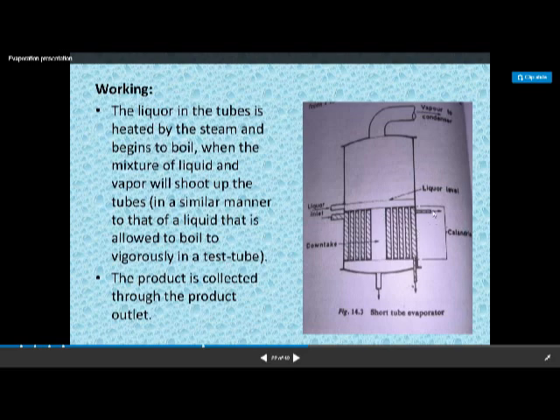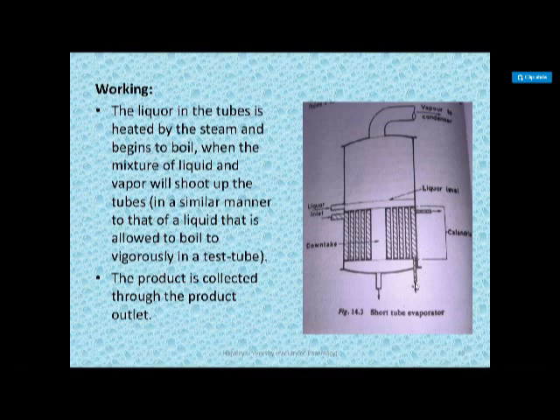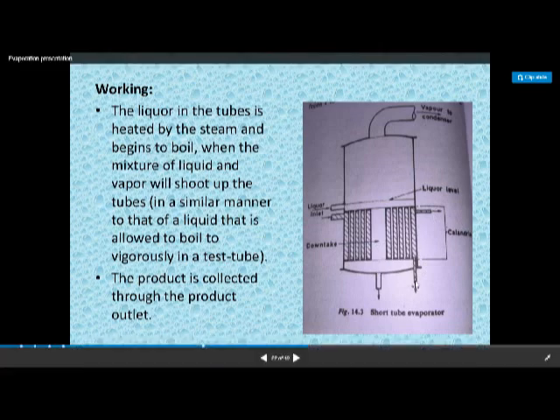This is the vent valve, so that the residual air present in this evaporator will get out through it, and this is the condensate valve. The cooled vapor will get outside through this condensate valve. So these are the valves present in this short tube evaporator.